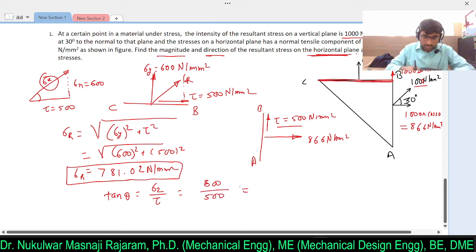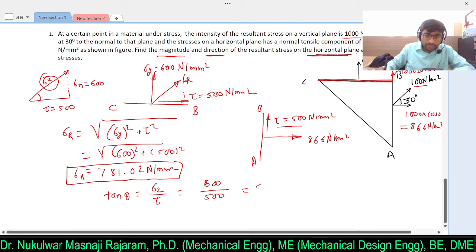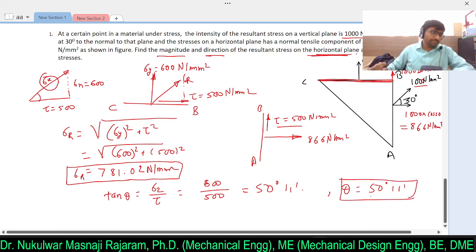So 600 divided by 500, tan inverse, the answer is 50 degree 11 minute. So this is the position of the resultant stress on the horizontal plane only. Clear? So the first part is complete, that is, find the magnitude and direction of resultant stress on the horizontal plane, and then they are asking about the principal stresses.